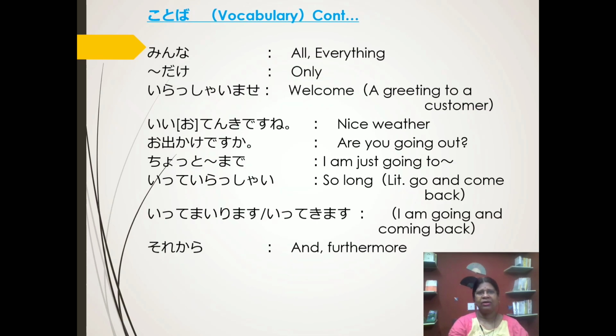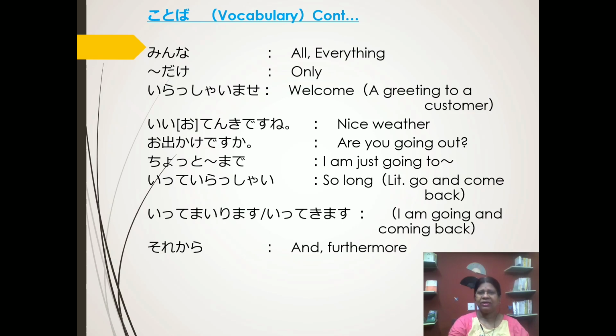Minna, dakke, irashaimase, ii o tenki desu ne, odekake desu ka? Chotto made. Itte irashai, itte mairimasu, itte kimasu.